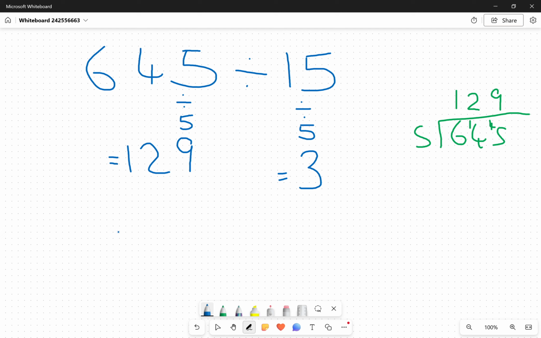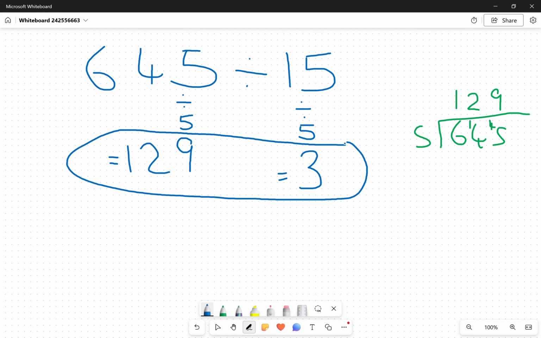However, what we've now created for ourselves is a question that we can solve with the bus stop method, no problem at all. So instead of 645, we put 129, and instead of 15, we put 3, and now we solve as normal. 3 does not go into 1. Remember, it's always the number on the outside trying to get in, not 1 into 3. 3 into 1 doesn't go.